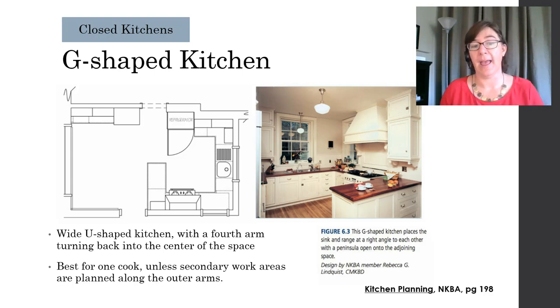Again, because this is a closed kitchen type, it is best for one cook. If you have a very large G-shaped kitchen, you can make it work for two cooks by planning some secondary working areas. I grew up with a small G-shaped kitchen. My parents still live in that house, and I can vouch it was very much a one-person kitchen.